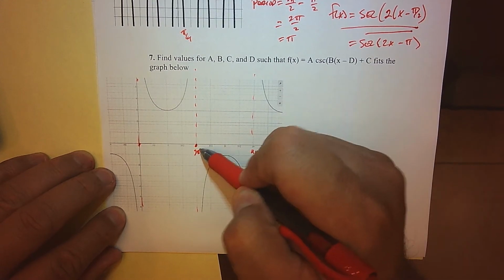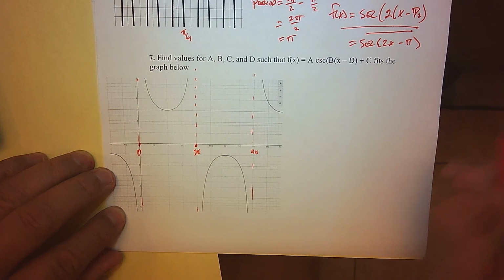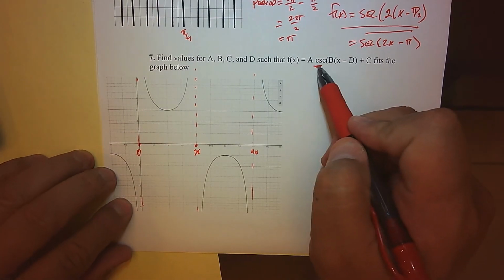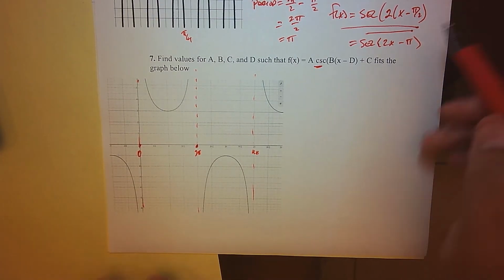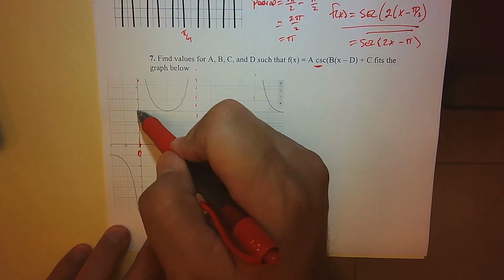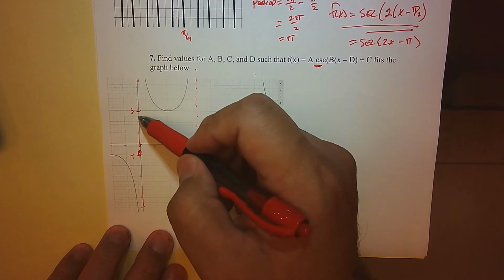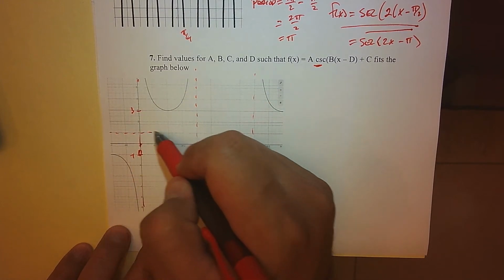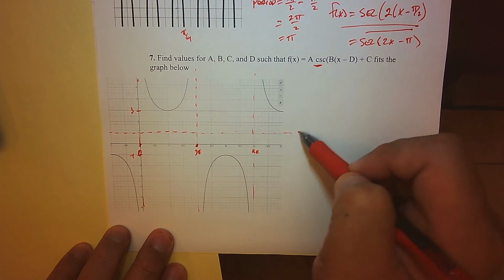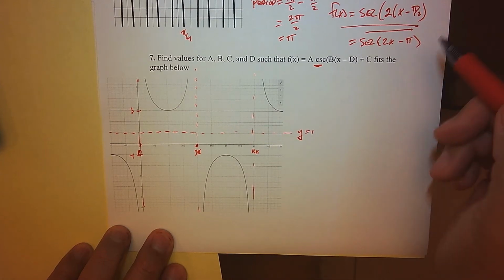So when we read those graphs, it looks like we have asymptotes there. And by the way, we're fitting a sine graph, and equilibrium-wise, this is 3, and this is -1. So the halfway point between there is y equals 1. So we kind of know what C is automatically.